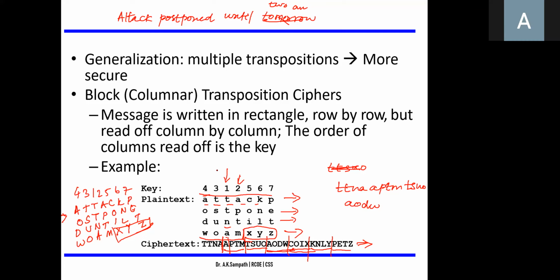Sir, how will the receiver know that the plain text should be in 4 letters only? Yes, this information has to be shared: the column positions, 4, 3, 1, 2, 5, 6, 7, the order of the columns and the size of the columns. These 2 pieces of information must be shared with the receiver.